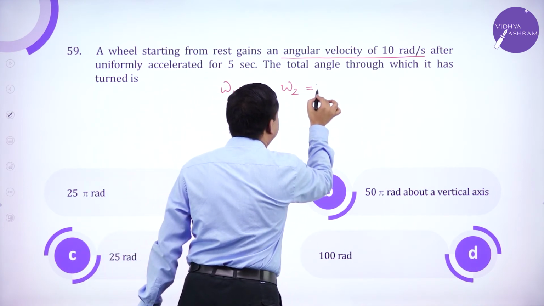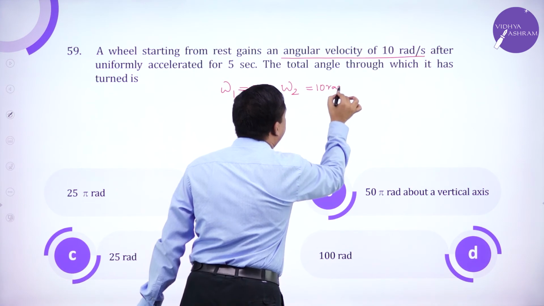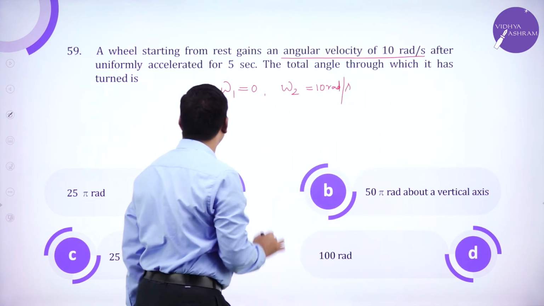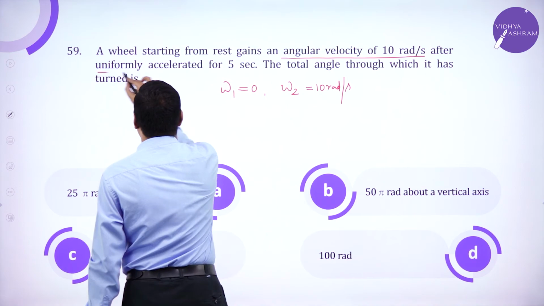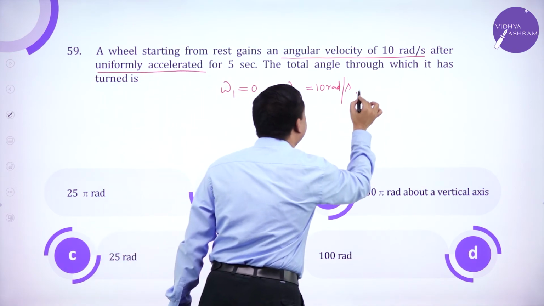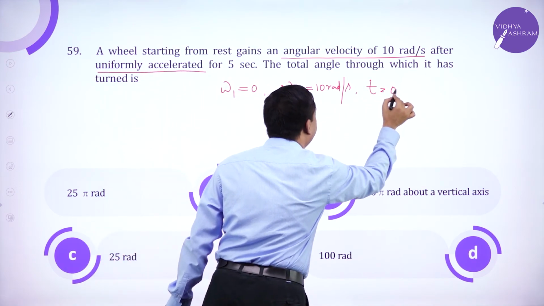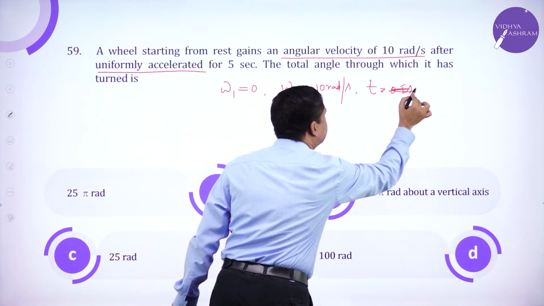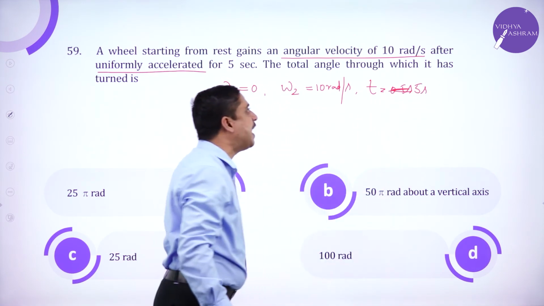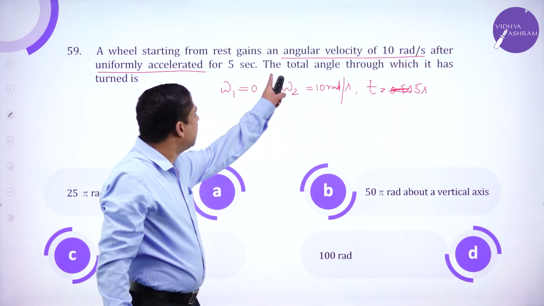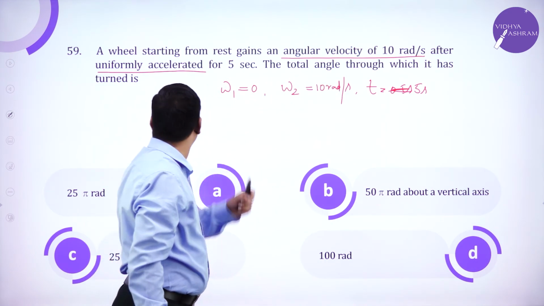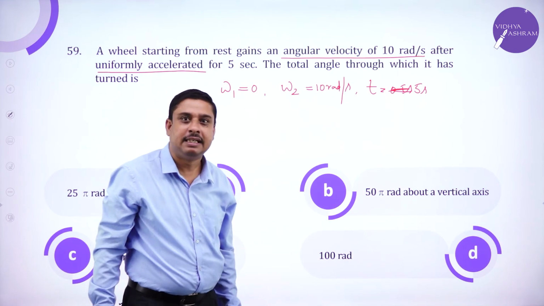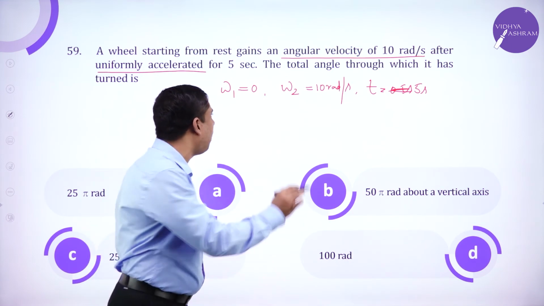Omega 2 is 10 radian per second. After being uniformly accelerated, keyword uniformly accelerated, for 5 seconds, the total angle through which it is turned, angle theta.